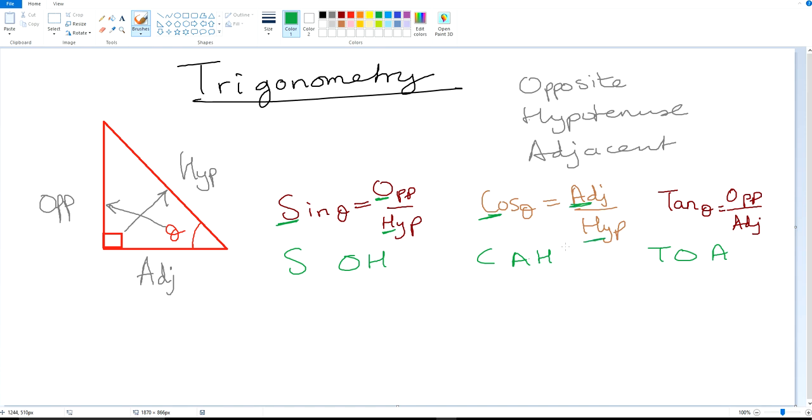And TOA comes from T for tan, O for opposite, and A for adjacent. This is the way to help us remember what goes on top: the opposite on top, the hypotenuse on top, and so on. It's a way to help us to remember.